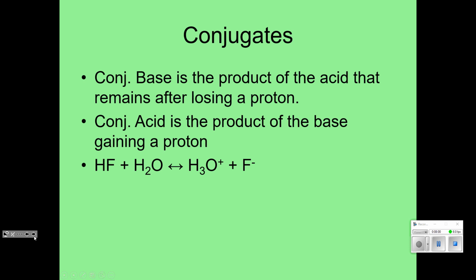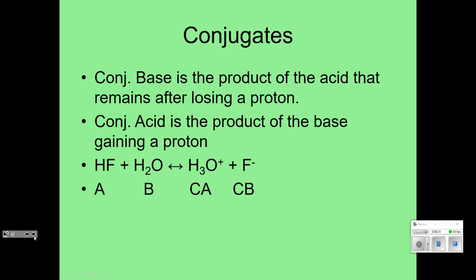And if I were to look at this equation, I should be able to identify within this reaction what reactant is acting as the acid, what reactant is acting as the base, what product is acting as the acid, which will now be called its conjugate acid, and what product would be the conjugate base.